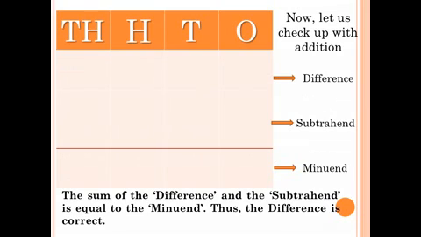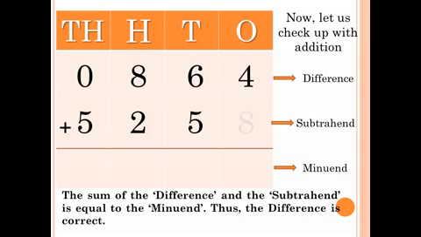Now let us check with addition. For addition we have to add the difference and the subtrahend. So here our difference is 864 and our subtrahend is 5,258. Now let us add. 4 plus 8 is 12. 6 plus 5 is 11, plus 1 is 12. 8 plus 2 is 10, plus 1 is 11, and 5 plus 1 is 6.